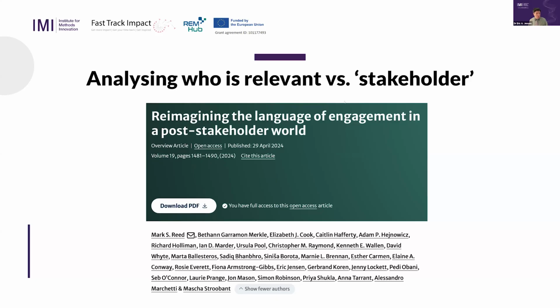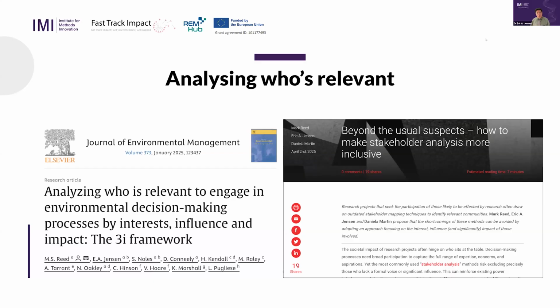So when we say stakeholder, we mean relevant. Now, how do we determine who is relevant? That is the question we address in this paper, and we propose what we call a 3I framework: interest, influence, and impact, which also gives us an alternative to saying a stakeholder analysis. We could say a 3I analysis, for example.